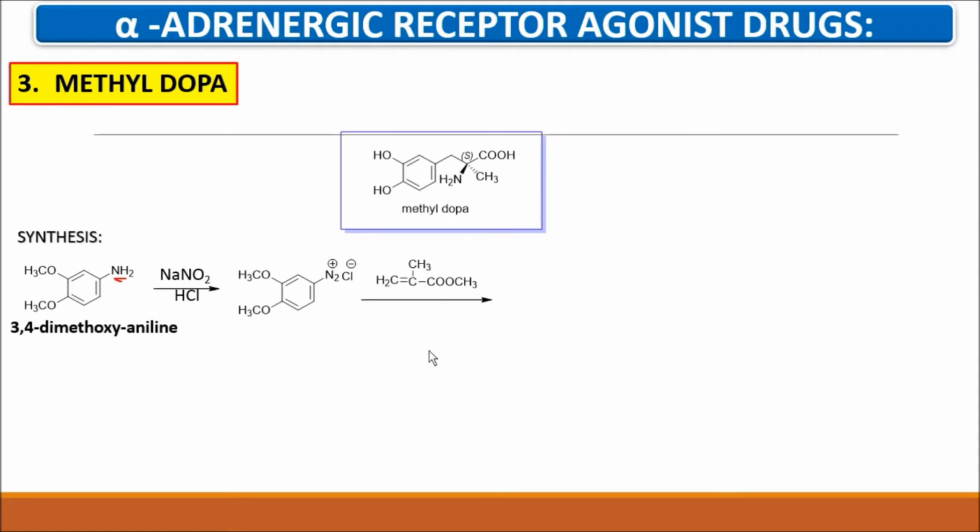This compound is taken in acetone, and the reaction takes place for 8 hours. This is going to give an intermediate. If you want the mechanism, just put a comment. I will write the mechanism for this reaction and post it in your group. Now this is treated with ammonia, sorry, sodium hydroxide.